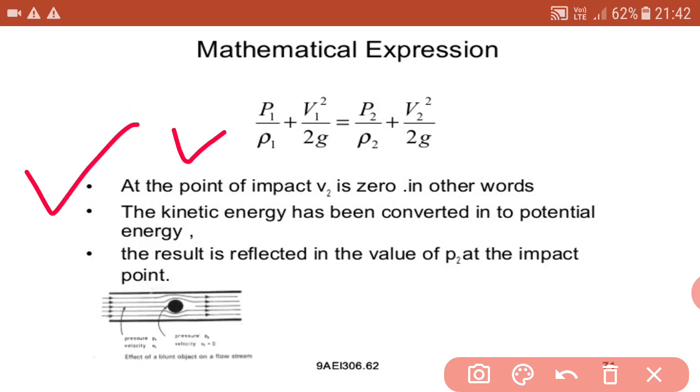In other words, the kinetic energy has been converted into potential energy. See, V2 velocity is 0, it means kinetic energy is converted into potential energy, and the result is reflected in the value of P2 at the impact point. P2 will be increased.